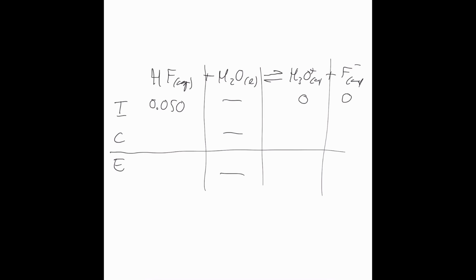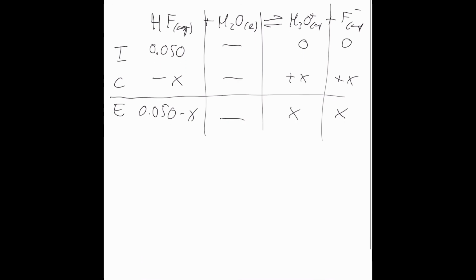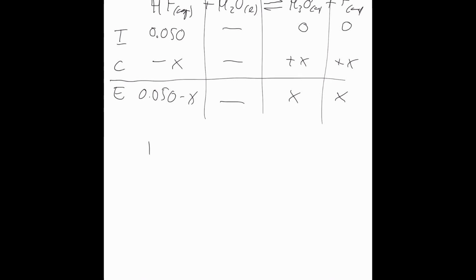And then we set up our algebra problem just like we did in our ice tables before. So minus x, these are all 1 to 1. So those are plus x and plus x. So that's x and x for those two. And then 0.050 minus x is our final concentration, or equilibrium concentration, of HF. So now let's write out our equilibrium expression.